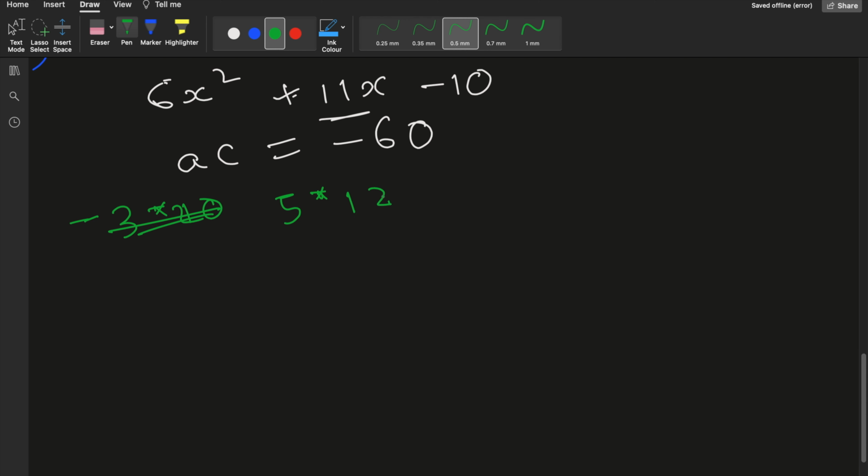That's not the right answer. Then we have 6 into minus 10, which is also not the answer.